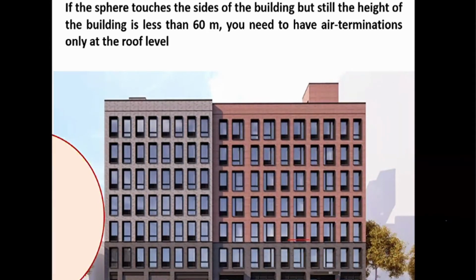Okay, if the building height is less than 60 meters, you need to have air terminations only at the roof level. Let me repeat. Even if the rolling sphere touches the sides of the building, if the building height is less than 60 meters, you don't need to protect the walls. You have to protect only the rooftop of the building. So that is what the standards say. So in other words, you need to protect only those areas which you are now seeing.